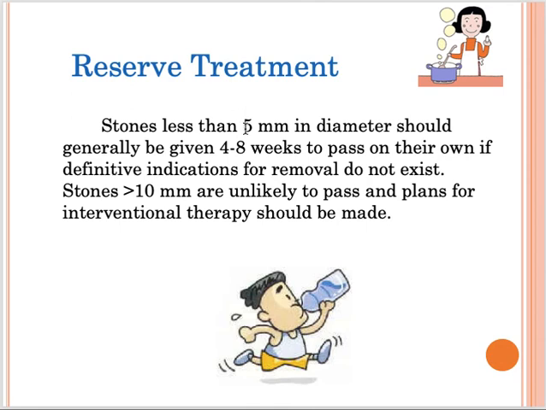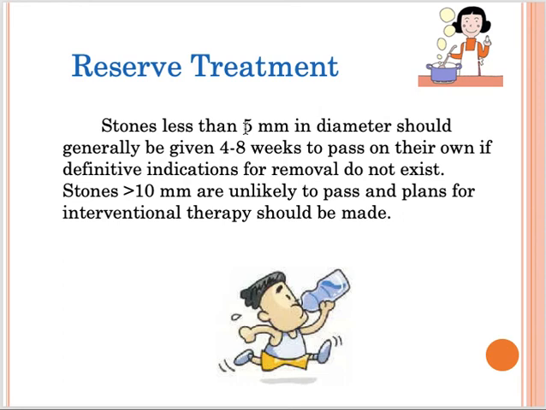Stones which are 7 millimeter or more are more likely to be impacted in the ureters, right? And the story is different for the bladder stones, and different for the kidney stones. Okay, the sizes are a little different.